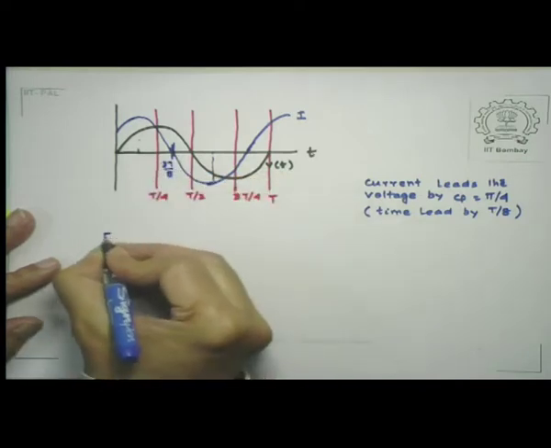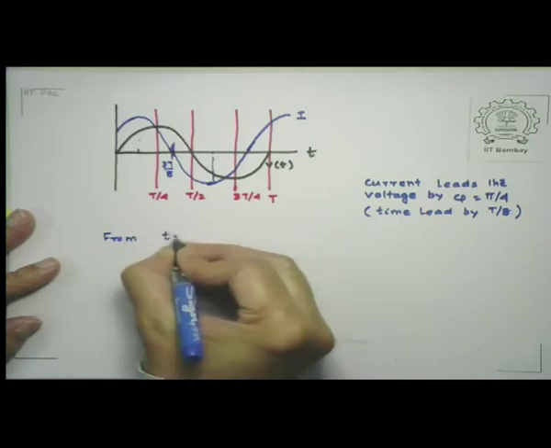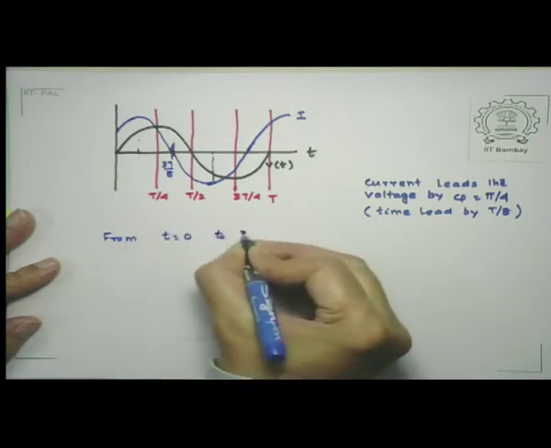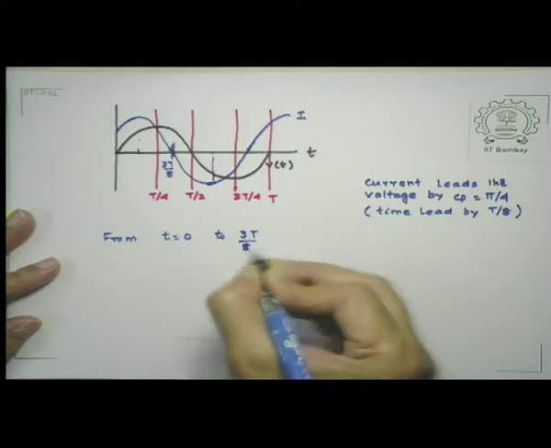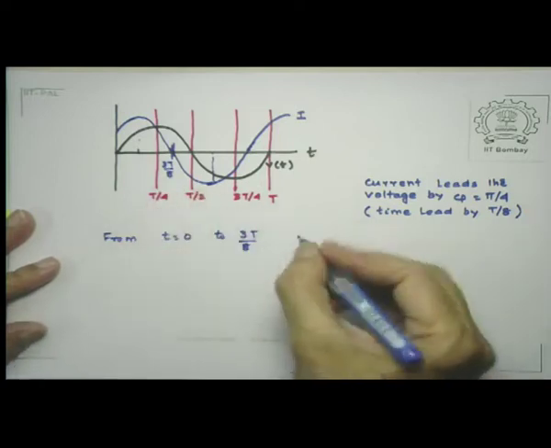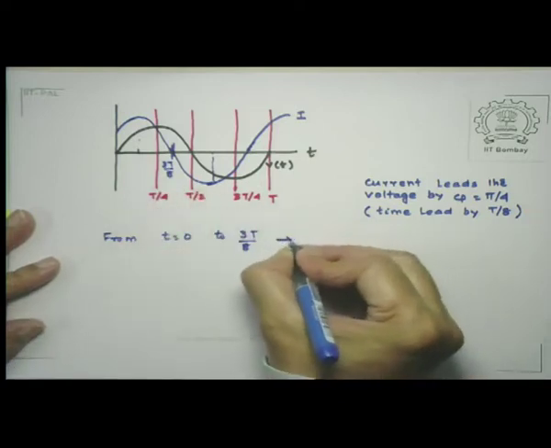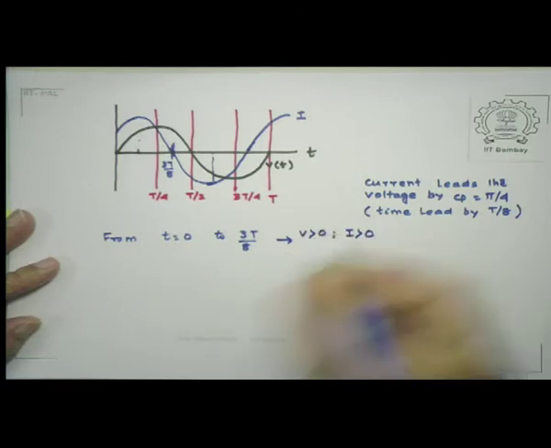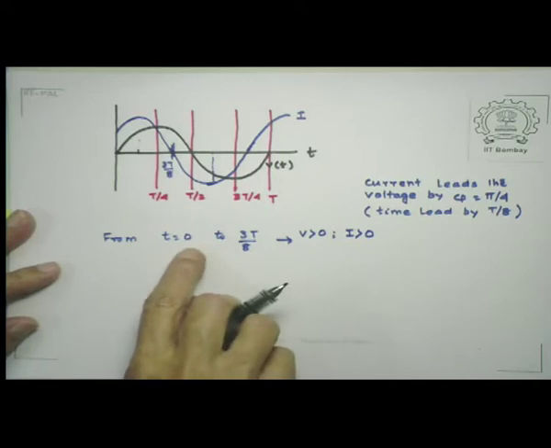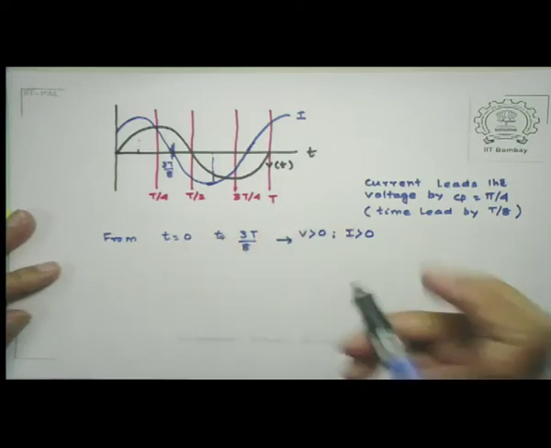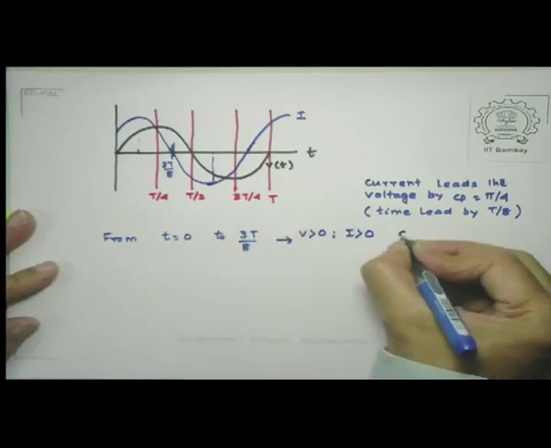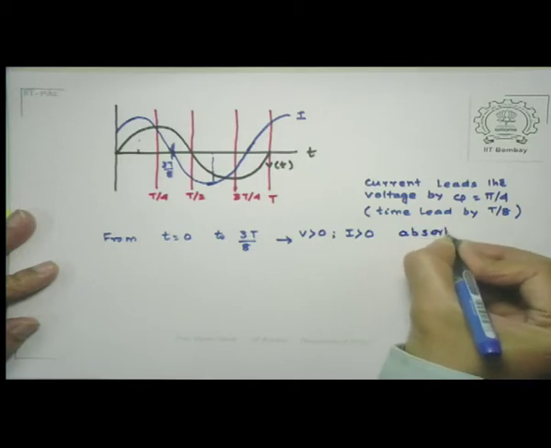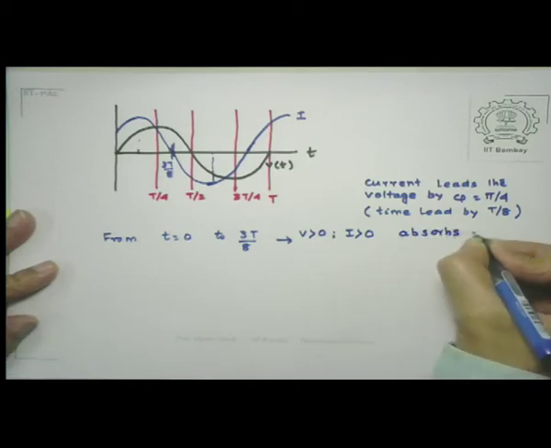From t equal to 0 to 3T by 8, my voltage and the current both are positive. V greater than 0, I greater than 0. So for a time duration of 3T by 8, it absorbs power from the supply.